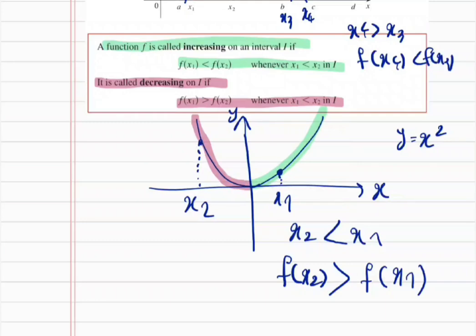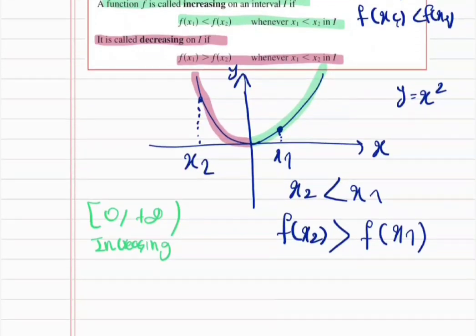Sure, in the interval, for example, from 0 to positive infinity, this bit is always increasing. The curve is increasing. Or from minus infinity to 0, you could say that it's decreasing.